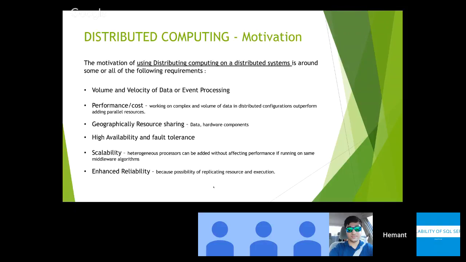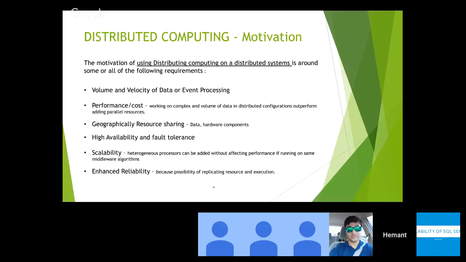Working on complex and large volumes of data in a distributed configuration definitely outperforms adding parallel resources. Scaling and maintaining the parallel resources definitely becomes a challenge when things get bigger and bigger.